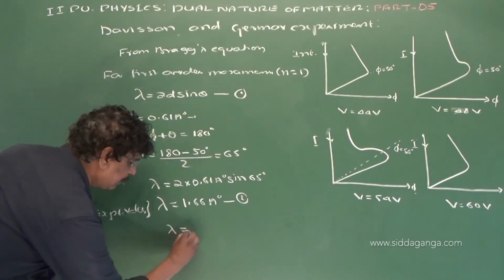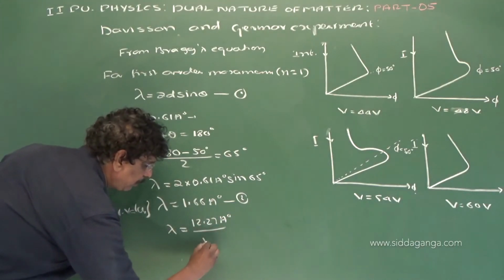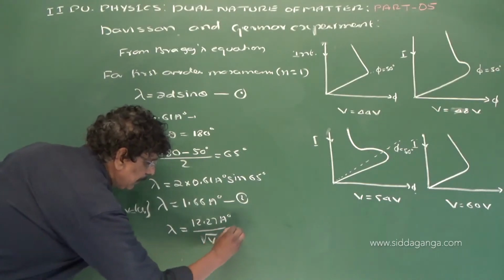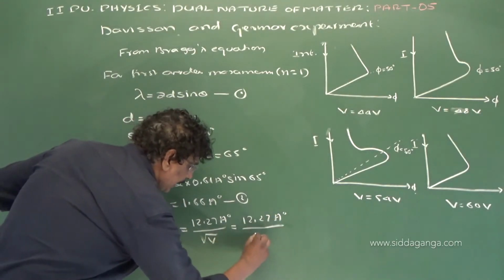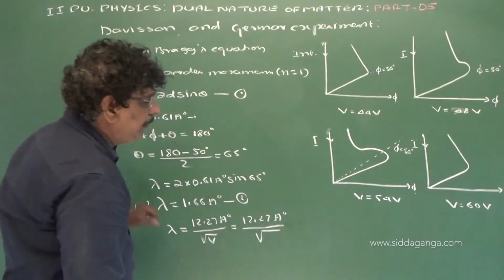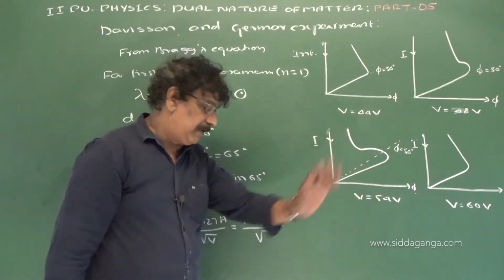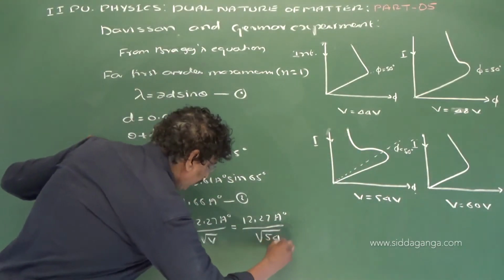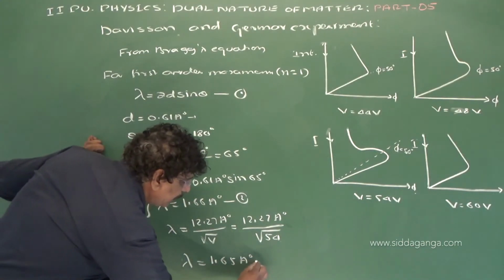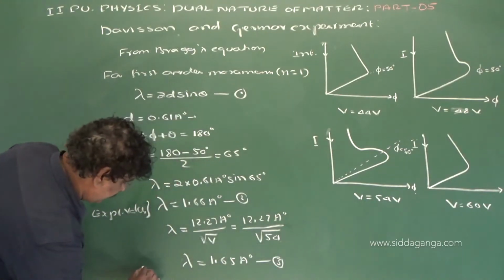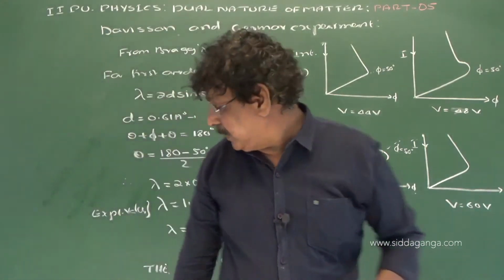That is lambda is equal to 12.27 angstrom unit divided by square root of V. We got the maximum size of the bump and maximum intensity at 54 volt, so at 54 volt, lambda comes out to be 1.65 angstrom unit. This is the theoretical value of wavelength of electron.